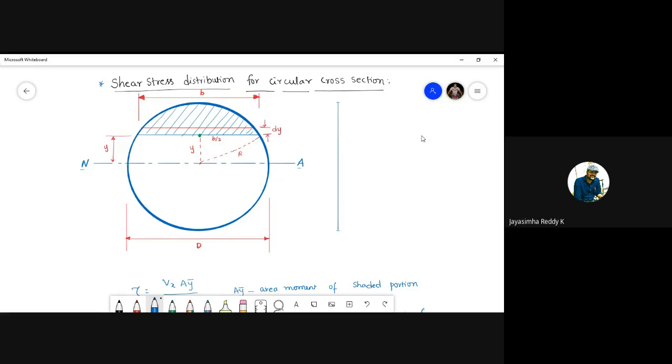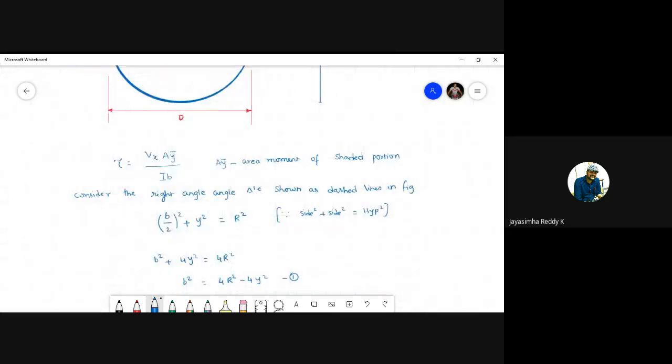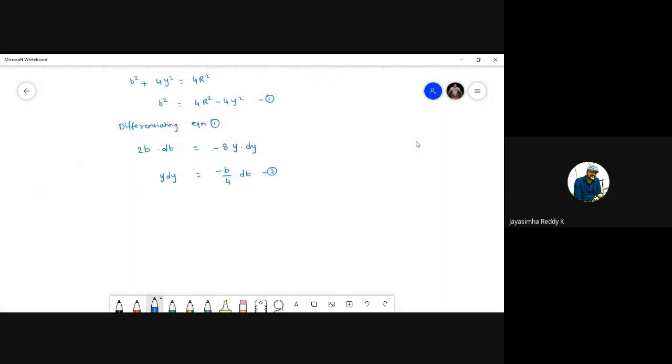Now, if you consider that small strip, let us write this line. Let us consider a small strip of thickness dy at a distance y from neutral axis, in the shaded region.